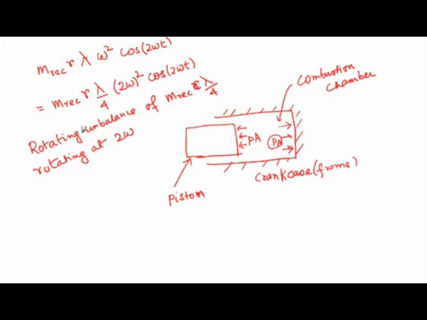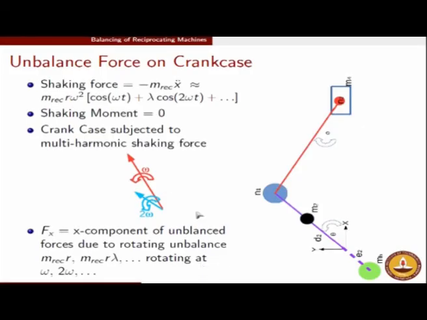So this part means a rotating unbalance, but then you have to take only the cosine component of it, which means you have to take only the x component of this rotating force. So that is what I meant, that instead of thinking of shaking forces in reciprocating terms, you can think of this as shaking forces in terms of rotary machines.